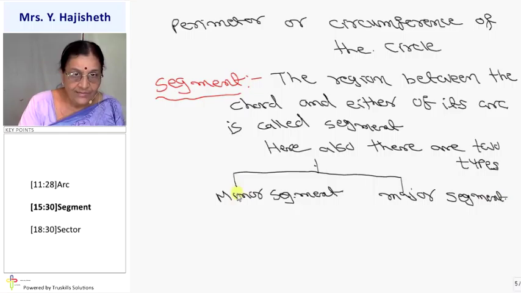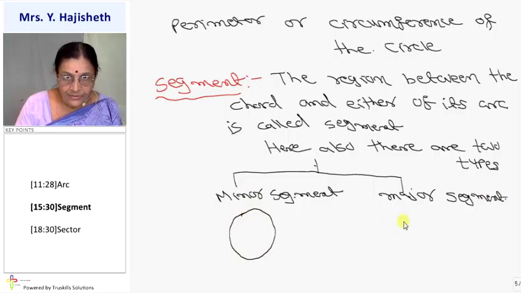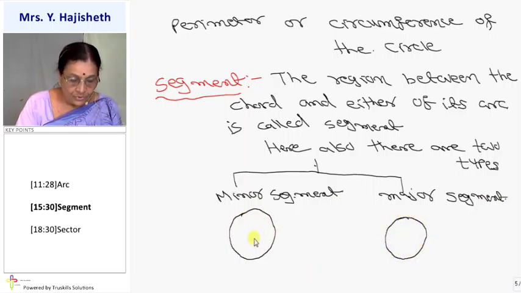Look, minor segment means, if I draw a circle here with center O, and suppose PQ is a chord.